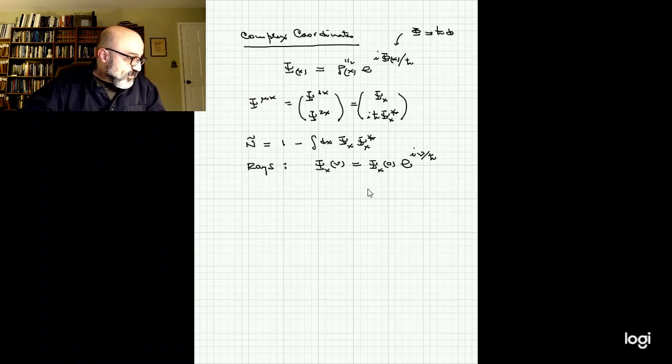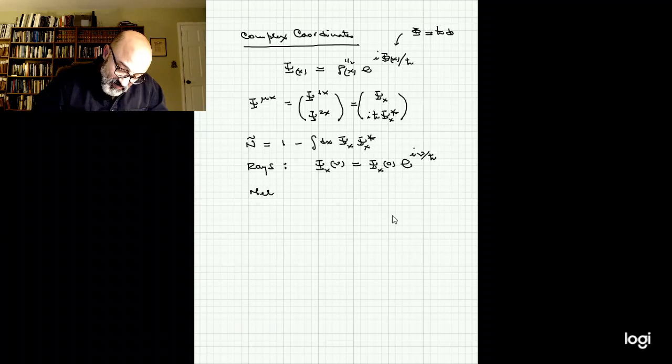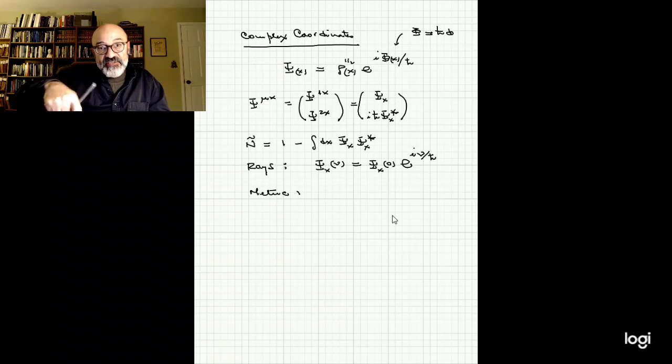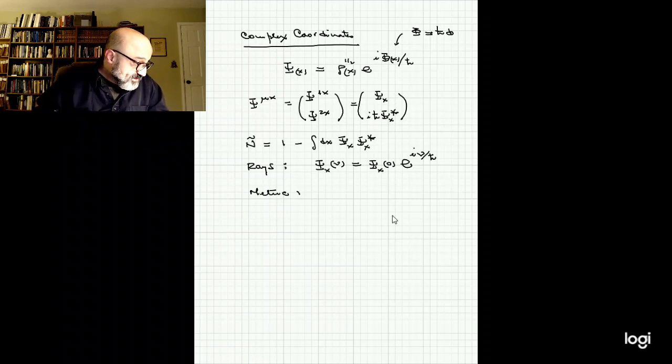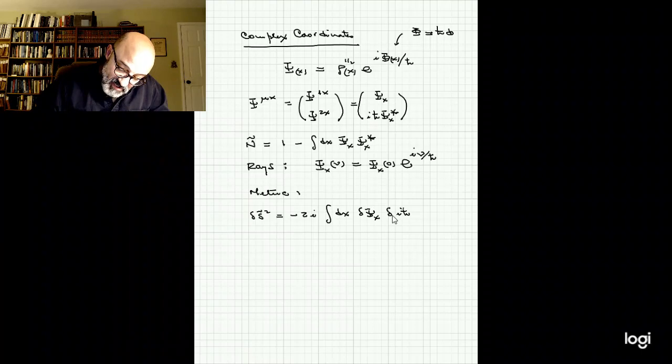Very good. What is the corresponding metric? The metric that we got from information geometry and spherical symmetry takes a very simple form. The metric is minus 2i, with the change in the coordinate x and the change in the associated momentum.